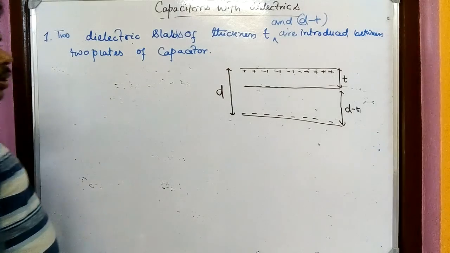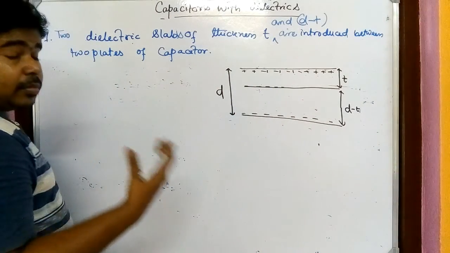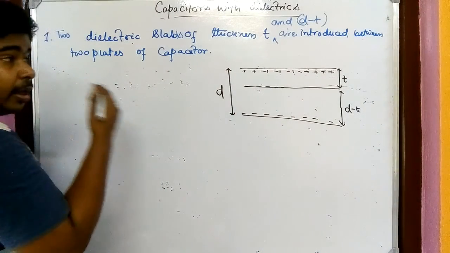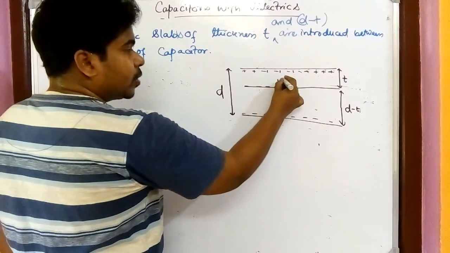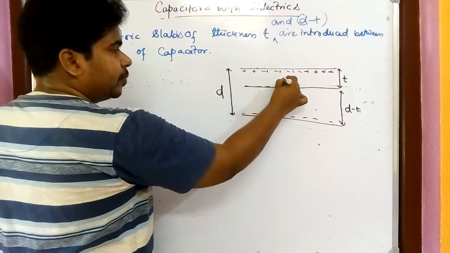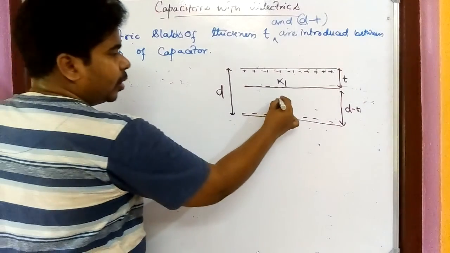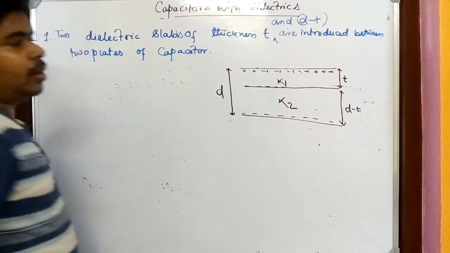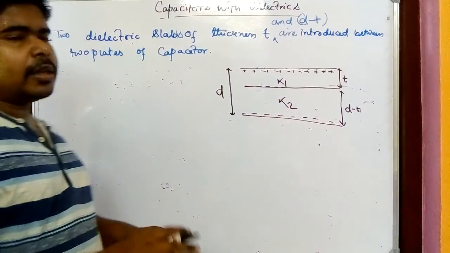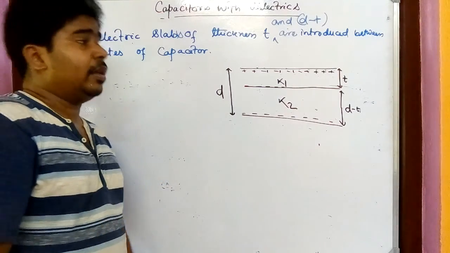Okay, so here the dielectric slab I have taken, its dielectric constant I have taken K1, and another one is K2. See, what I have done, I have not done any extra thing.